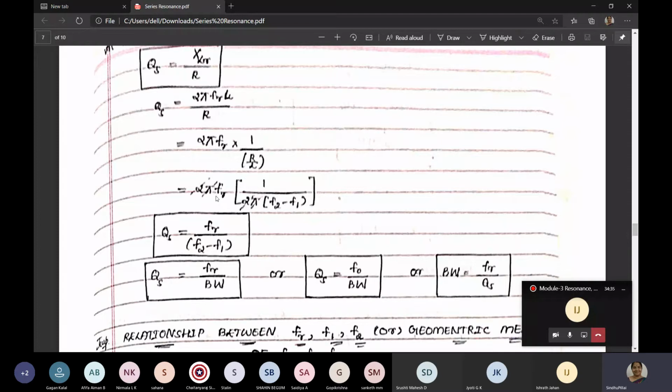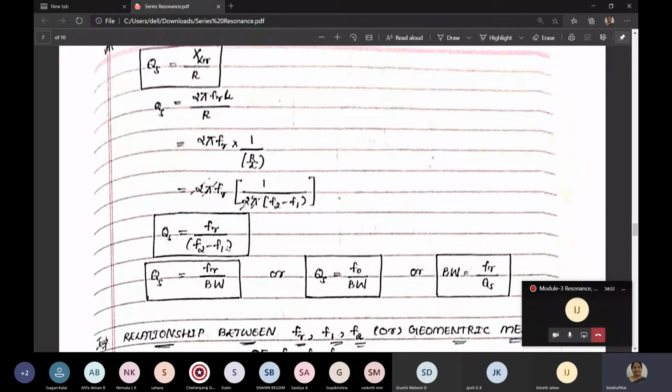So 1 by 2 pi fr. Instead of this R by L, what can I write? We can write 1 by 2 pi into f2 minus f1. We got this from the bandwidth. So quality factor is equal to fr divided by f2 minus f1.